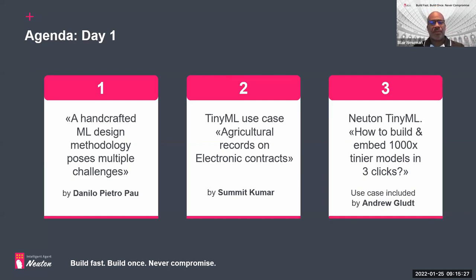From there, we'll have Sumit Kumar, who will talk about a use case he has implemented from an agricultural perspective. And then for today, you'll also be joined by one of my colleagues who will give an overview of how you can be enabled to produce these models in 3 very simple steps.